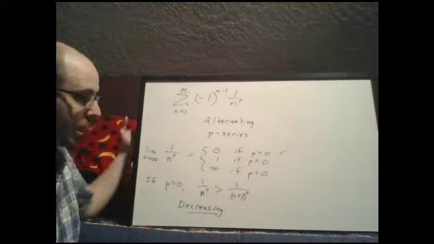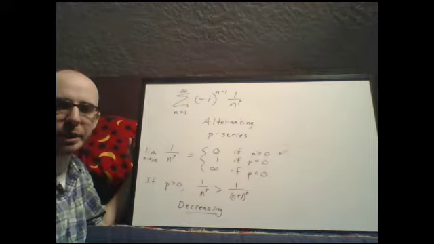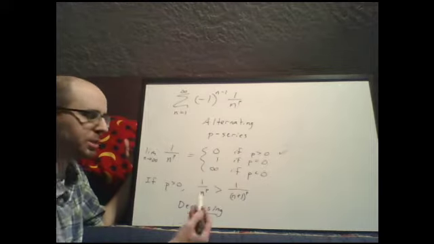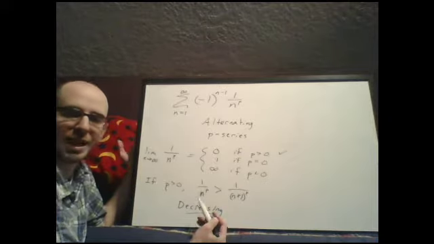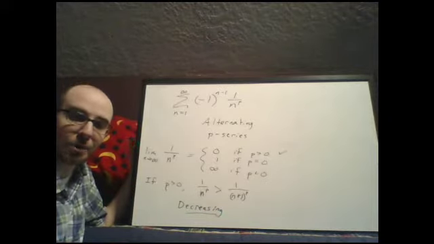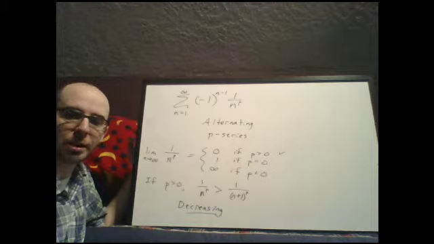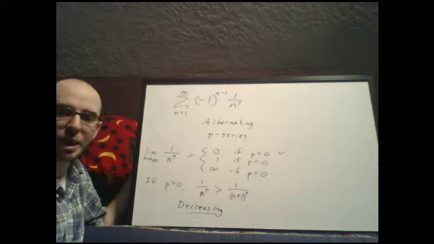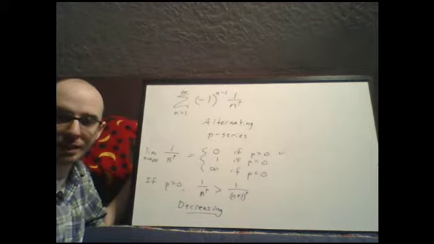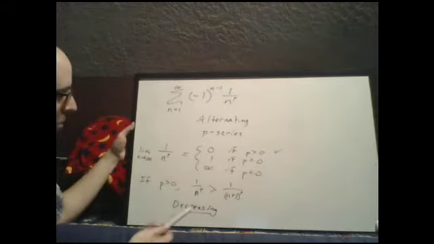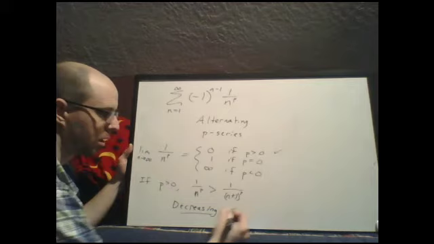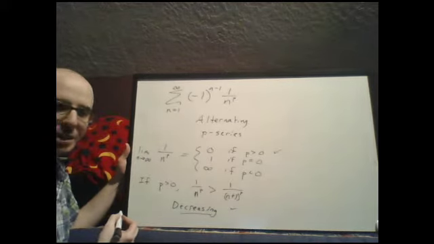And by the way, when you're checking for decreasing, sometimes it's easy to figure it out just by comparing consecutive terms like this. As the sequences get more complicated, there's always the possibility of replacing n with x and taking the derivative to see that it's negative. It's just not really worth it on these simple examples here. So it is a decreasing sequence.